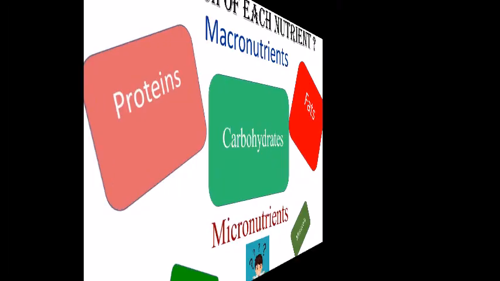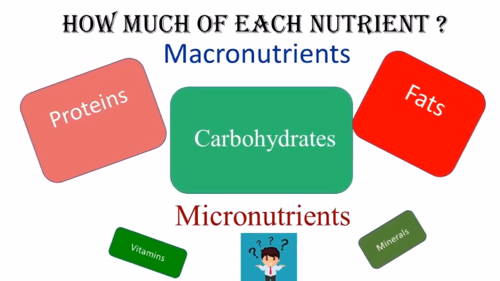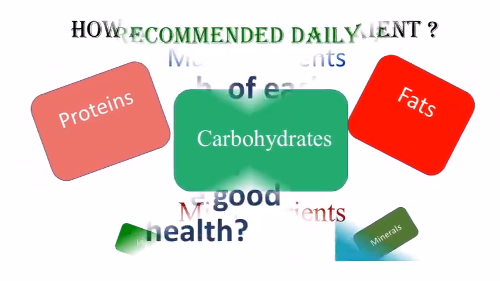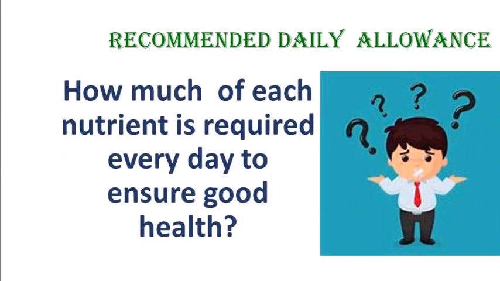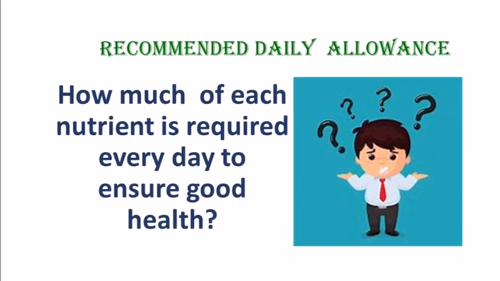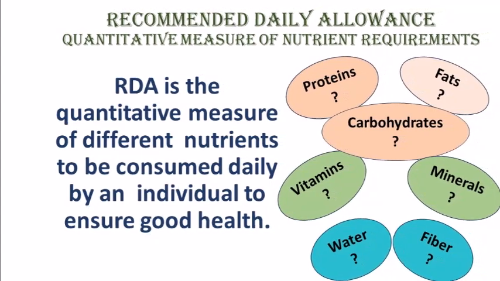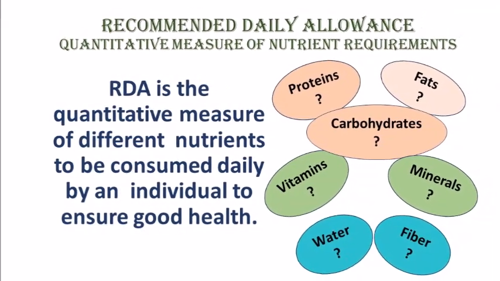Now, once we know that some nutrients are required in more quantity and some are required in less quantity, how much of each nutrient is required every day for a person to ensure good health? This quantitative measure of nutrient requirement is called as recommended daily allowance.